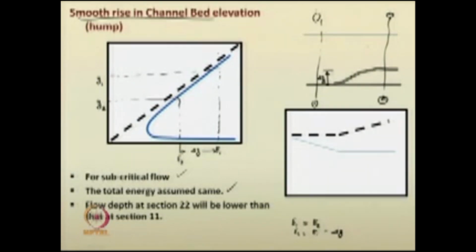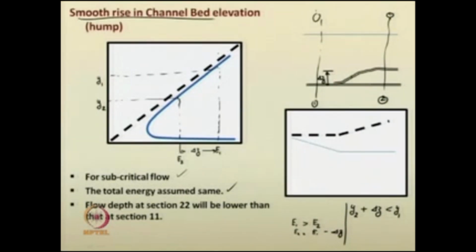So, mostly for those situations in the upstream conditions, in the downstream condition at section 2, Y2 is naturally less than Y1, but you will see that Y2 plus del Z is mostly less than Y1. You will see this also according to the nature of the curve given here.